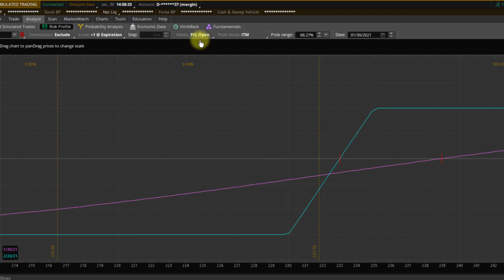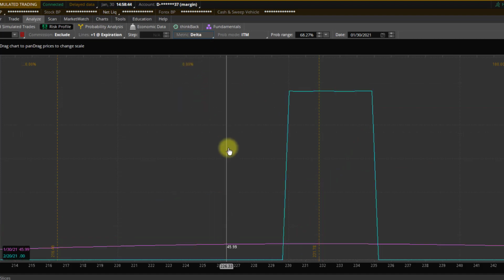Well, come up here to Metric. Click there, and there's a whole list. There are your Greeks: Delta, Gamma, Theta, Vega, Rho. Let's start with Delta. And the blue graph is what we just looked at. Notice that if we are between 230 and 235, our strikes, this line is flat, and it's telling us we have the same delta. So look straight left, plus 500. That's what we saw before.